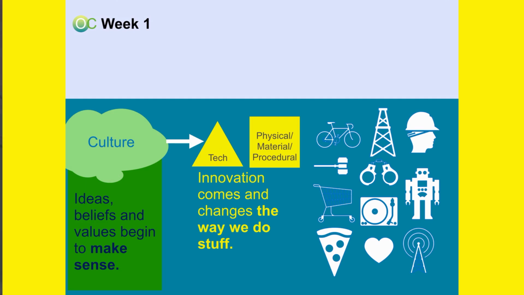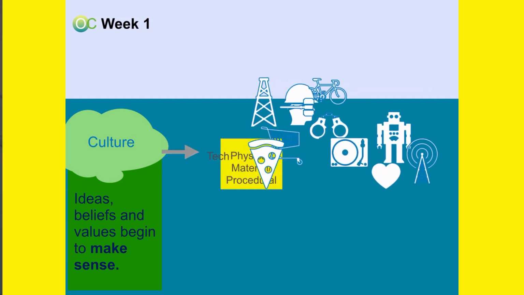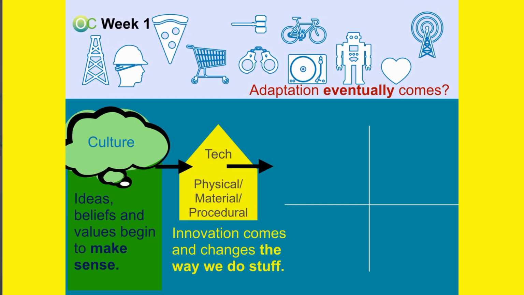As you can see in the graphics on the right hand side, we have the bike representing maybe leisure, work, law, the way we consume food. We know it. Websites are modifying and apps are modifying the way we interact with these common parts of our daily lives. So adaptation eventually comes.